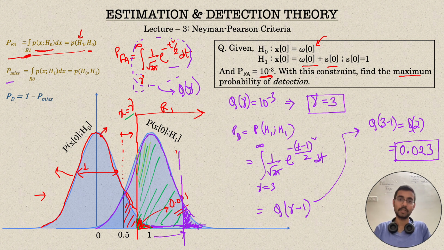Okay, so from this problem you can see there are two things. Firstly, we have the necessity to have an optimal detector in this scenario. Now to have an optimal detector, here is the catch. The more you slide this threshold, you can see that the probability of false alarm, the P of FA, which at 0.5 was much higher, gradually reduces. Now when probability of false alarm reduces, the probability of detection also reduces.